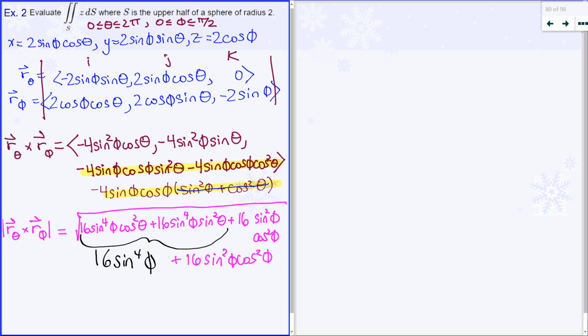And then with that expression, I can take out a 16 sine squared phi.